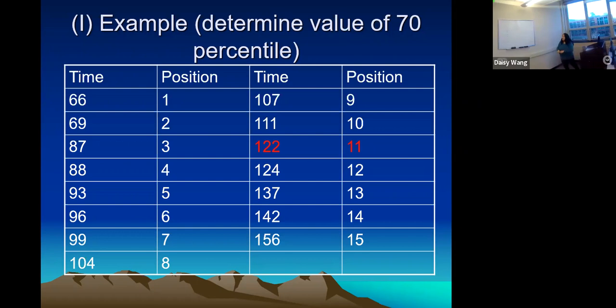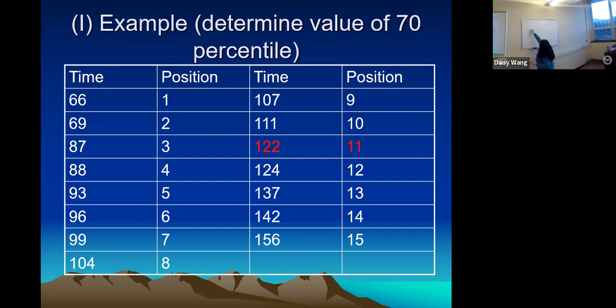But let's say I say 60 percentile. 60 percentile is 9, right? Then we calculate the average, the midpoint between 9 and 10.